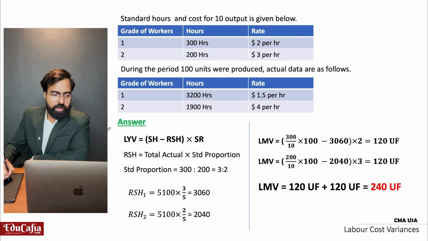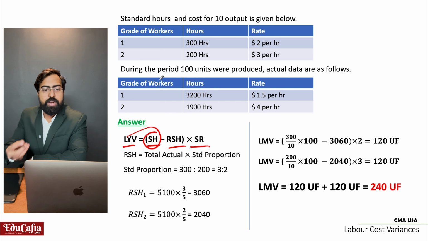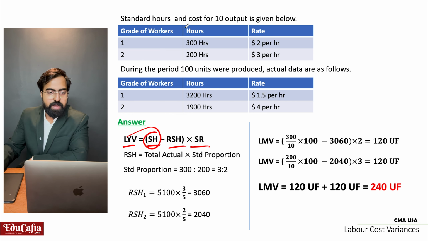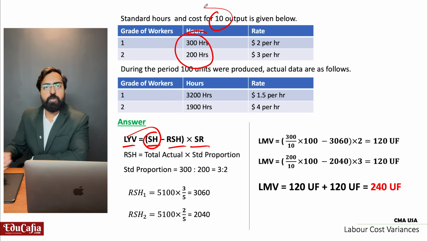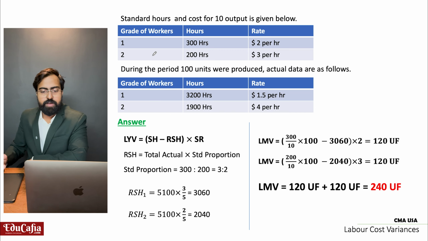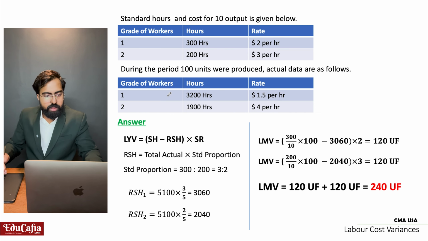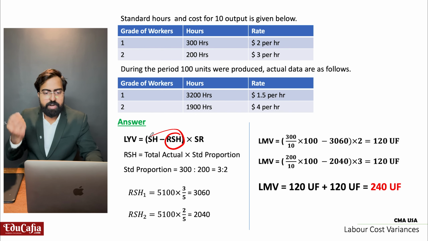So first one, LYV is equal to SH minus RSH into SR. What is SH? Standard hours. This hours is given for 10 output, that I have to convert to 100 output. Then only I will get the standard hours, right? What is revised standard hours?